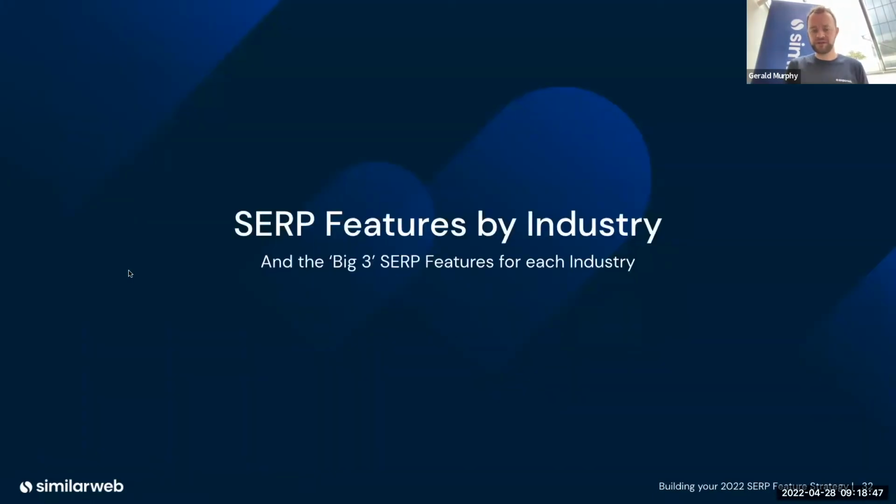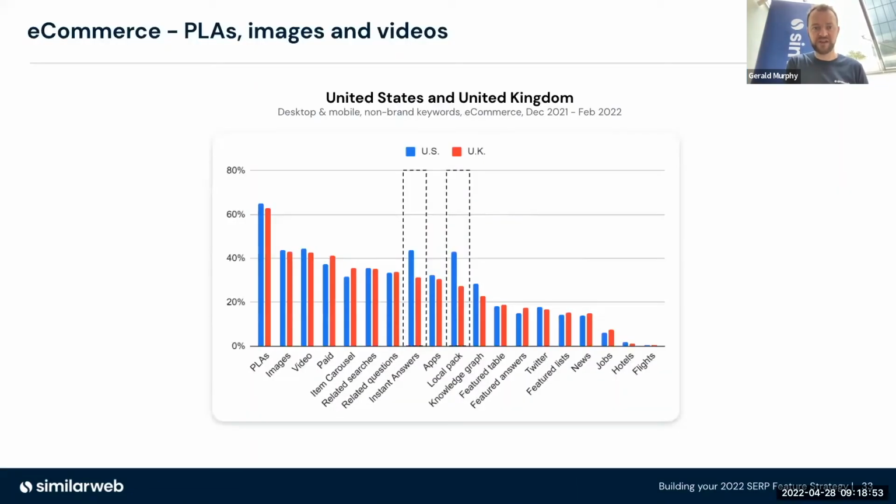So let's jump into SERP features by industry and identify the top 3 most prominent SERP features for each of these industries. The first is e-commerce. Product listing ads, images, and videos are the top 3 most prominent SERP features in both markets. But interestingly, as you can see in these 2 highlighted columns, instant answers and local pack are much bigger in the United States versus the UK.